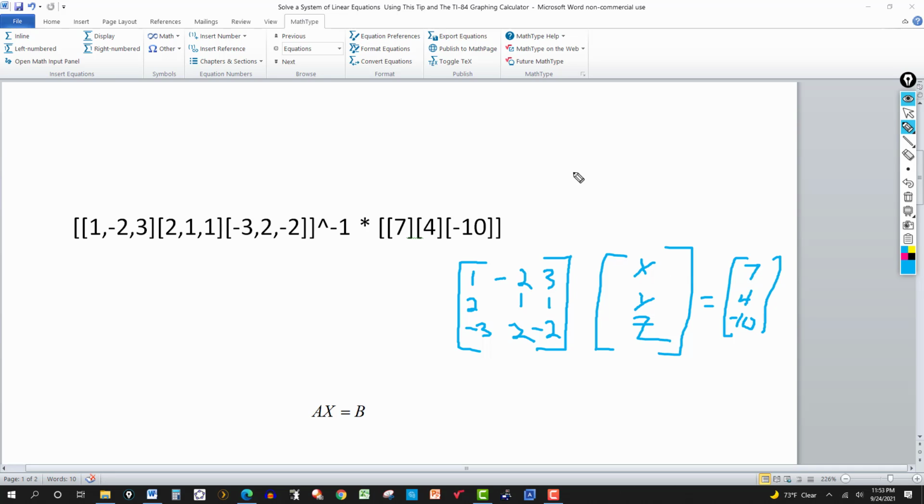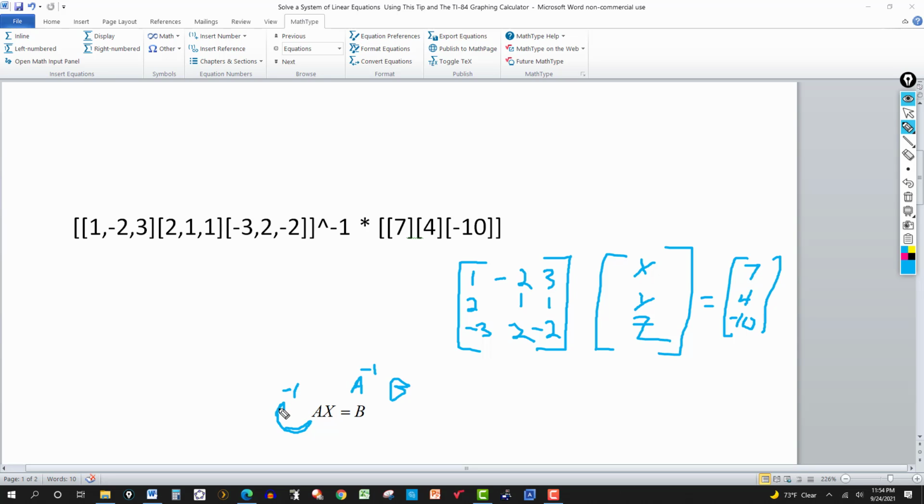Okay? So in this matrix equation, what I did in the calculator is I'm actually multiplying this equation here by the inverse. So that the multiplication is defined, I need to multiply on the left side of this matrix B. Because remember, the multiplication is only defined if the number of columns in the first one is equal to the number of rows in the second matrix.